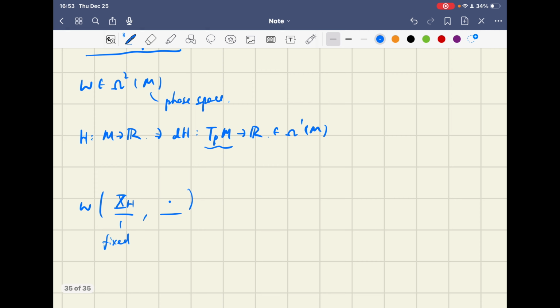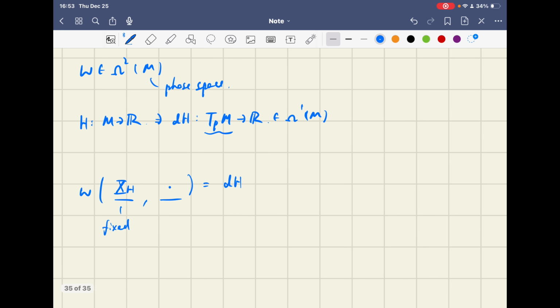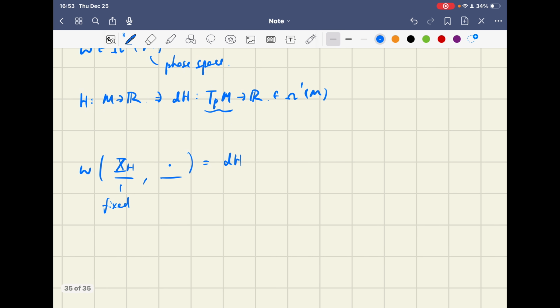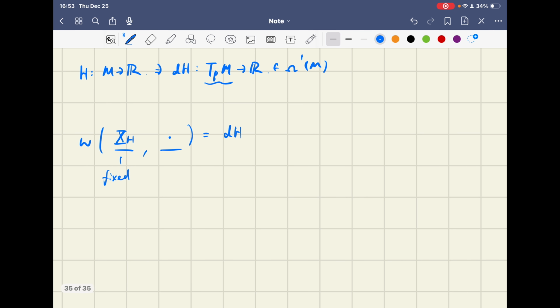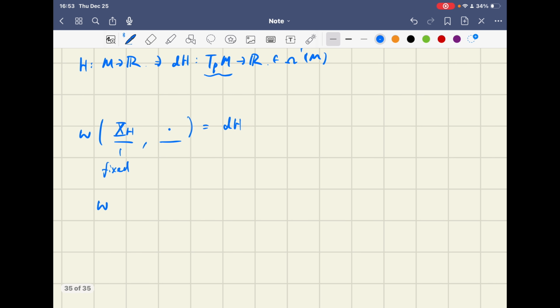So this is essentially a one-form, because it only requires one extra parameter, and we can equate it with the other one-form dH. And here we got an equation of two one-forms, and we can use this to solve the equation for XH.